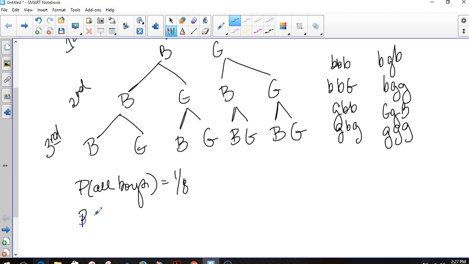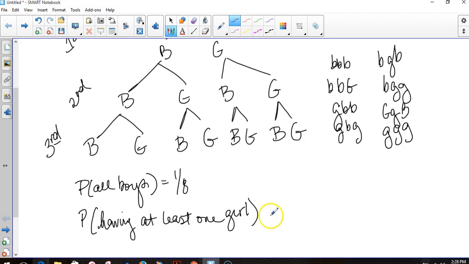So then what's the probability, if we'll stick with 3 births, of having, and here comes the magic line, at least 1 girl? Well, there's lots of different ways that I can have at least 1. I could have 1, like in this example right here, or in this example right here.